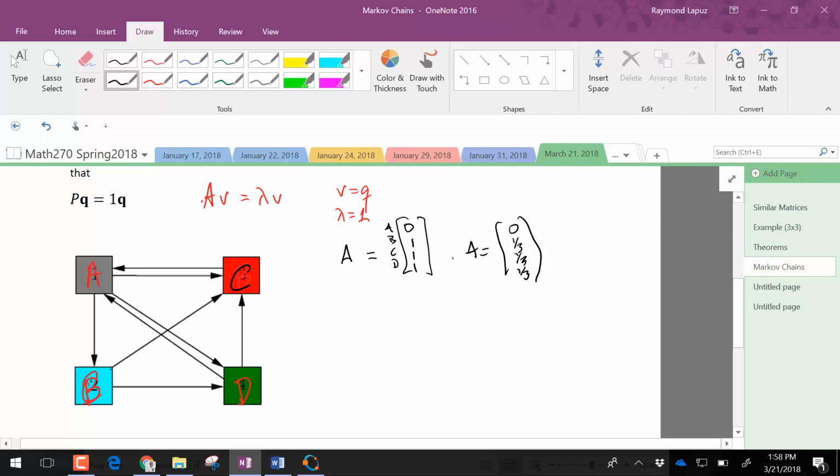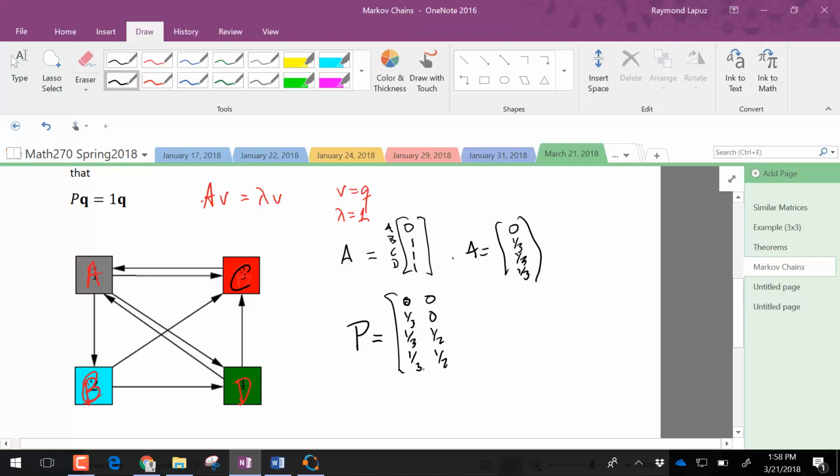Then I can construct probability vectors for B, C, and D. Let's call my stochastic matrix P. The first is 0, 1/3, 1/3, 1/3. B goes to C and D and nowhere else, so the vector is 0, 0, 1/2, 1/2.